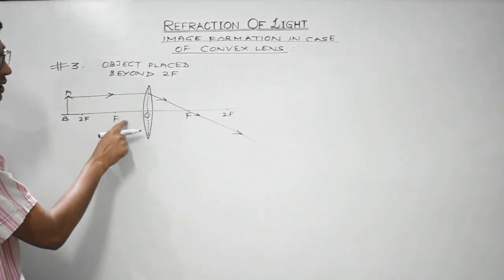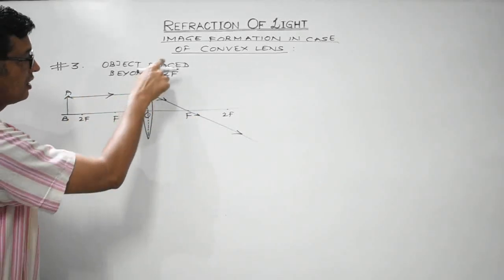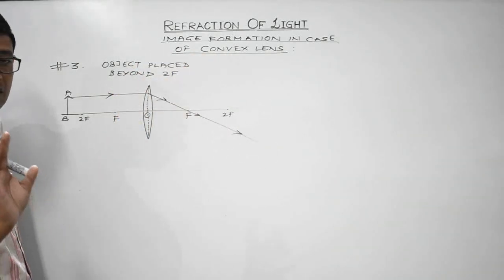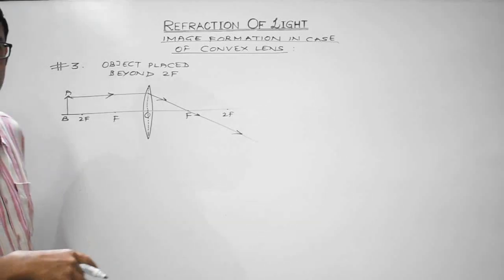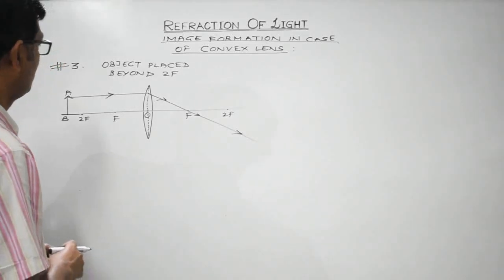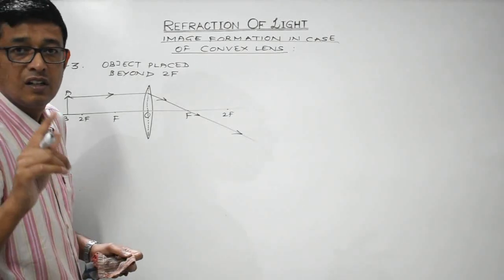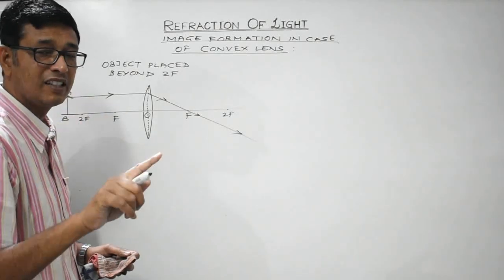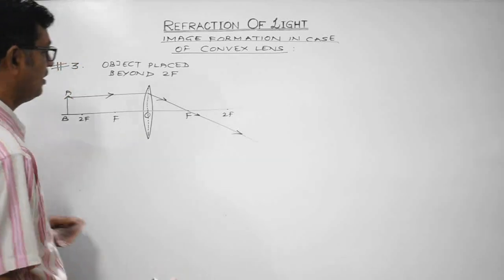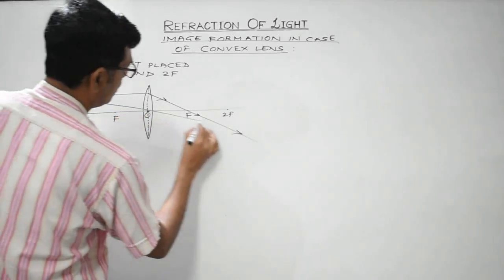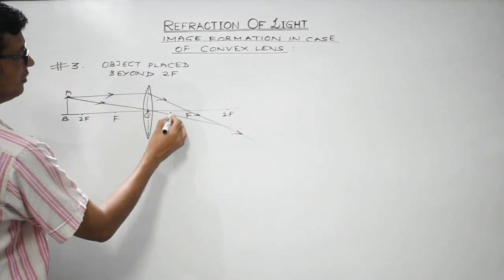This is rule 1. Let's make use of rule 3. Rule 3 was: a ray passing through the optical center of the lens will remain undeviated. This is the optical center, so it will remain undeviated.